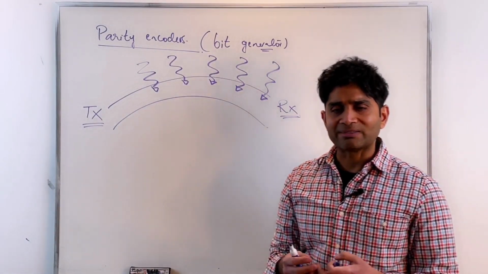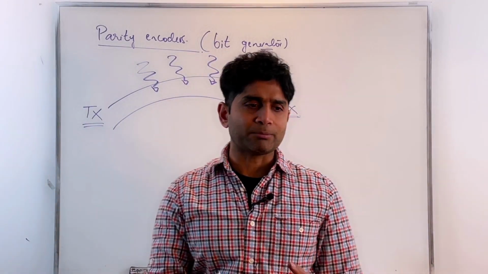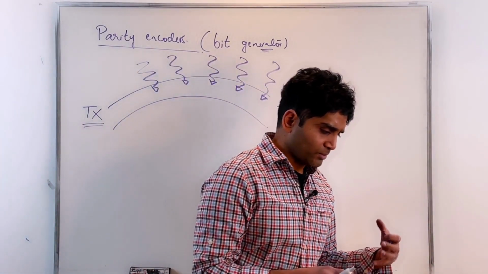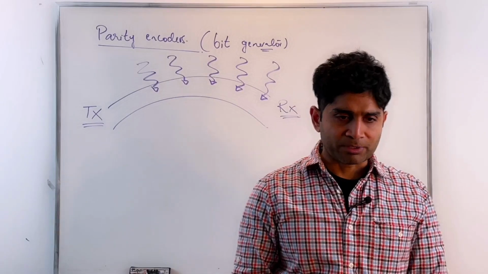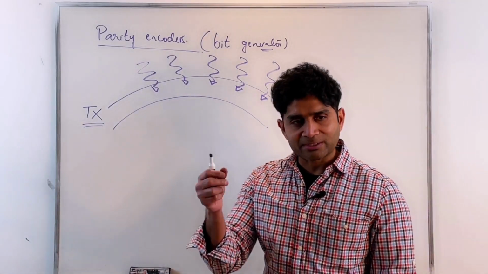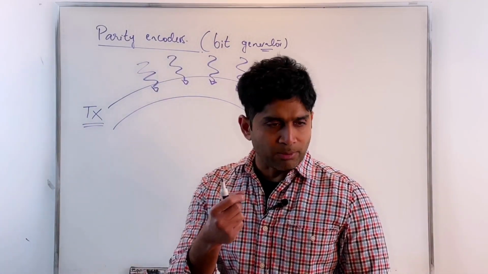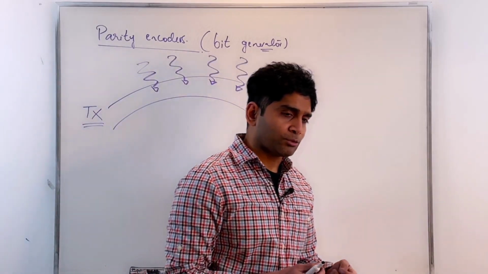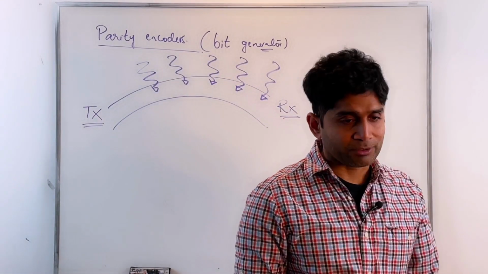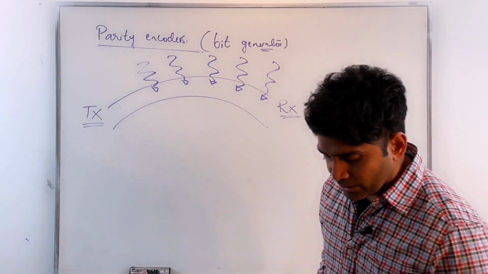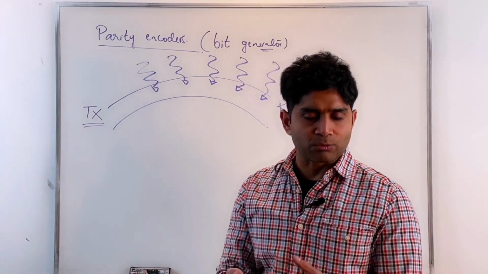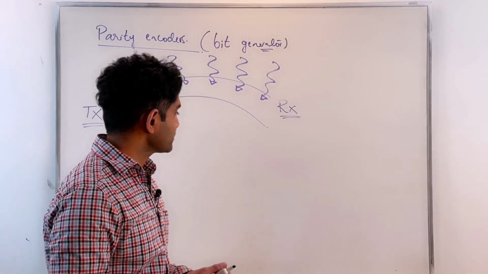Again, when I say bits, what are these really? When I'm using optical fibers, these bits are communicated in the form of optical pulses. And when I'm using electrical lines, these bits are basically transported as zeros and ones, as voltage values.